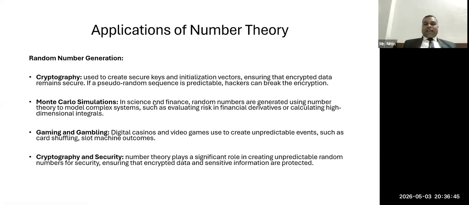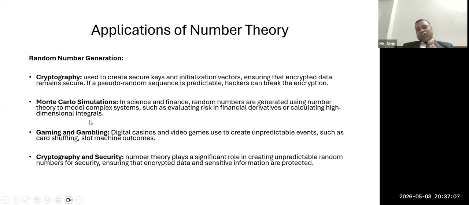Okay. So in science and finance, random numbers are generated using number theory to model complex systems. Yes. So to model complex systems, we use Monte Carlo simulation, such as evaluating the risks in financial derivatives or calculating high-dimensional integrals.